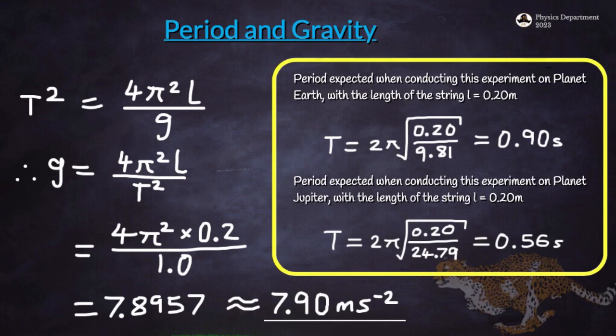And we can see that the period is way less than the one on Earth, and our one on Earth is even way less than the one on our hypothetical planet, which has a gravity of 7.90 meters per second squared. So you can see with the difference that the greater the acceleration due to gravity, the less time it takes for the pendulum to oscillate.